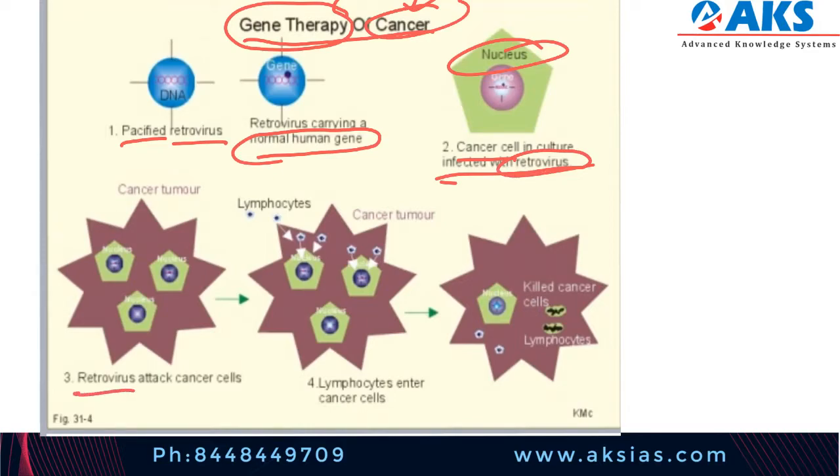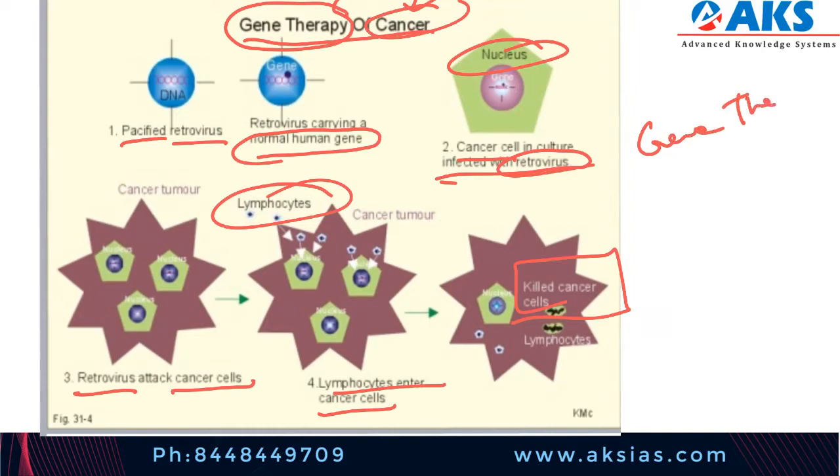Now the retrovirus attacks cancer cells. The retrovirus is fitted with a new gene. Now lymphocytes enter the cancer cells and they kill the cancer cells. So in this process we have seen what gene therapy is, that is, you use your own immune system to kill several diseases.